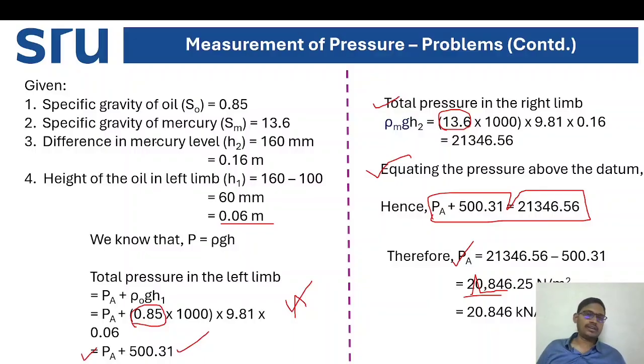One is oil and one is with respect to mercury. Both we know. So we have to find the pressure in a simple sense.